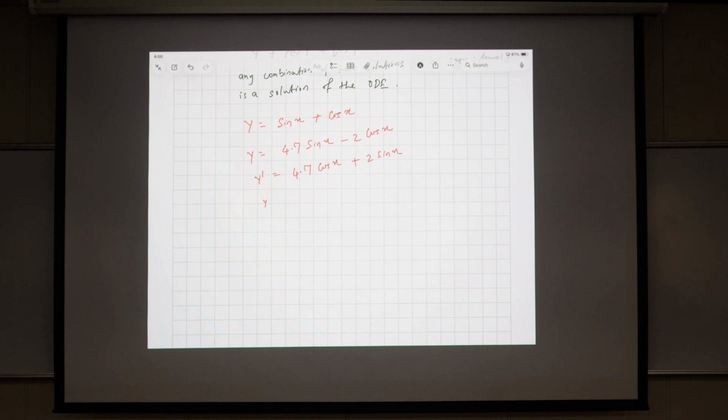And if I take y double dash, it is minus 4.7 sin x plus 2 cosine x.